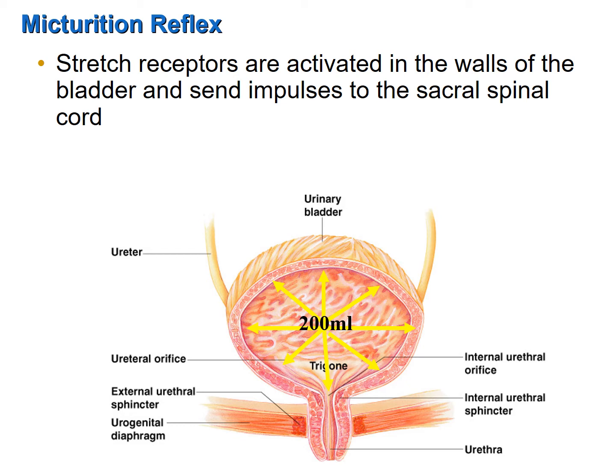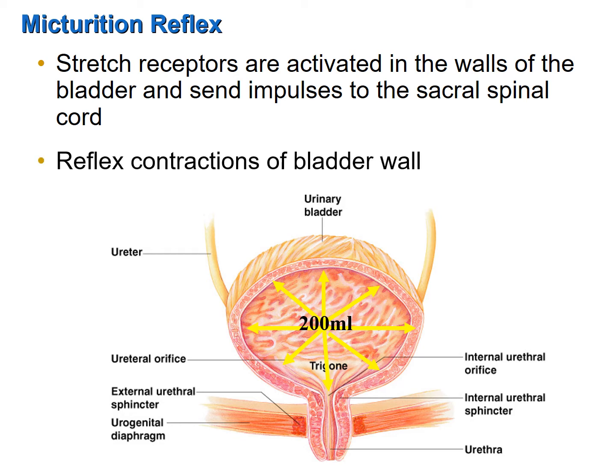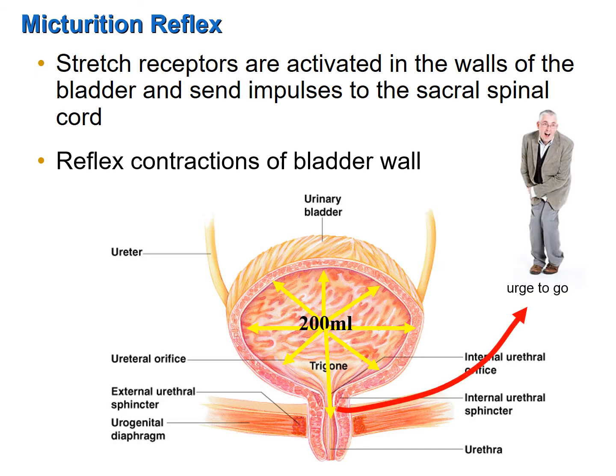Motor output is then sent back to the walls of the urinary bladder, causing the detrusor muscles, those smooth muscles, to go into reflex contractions or spasms. This forces some urine through the internal urethral orifice into the urethra. It is at that point that one feels the urge to go.